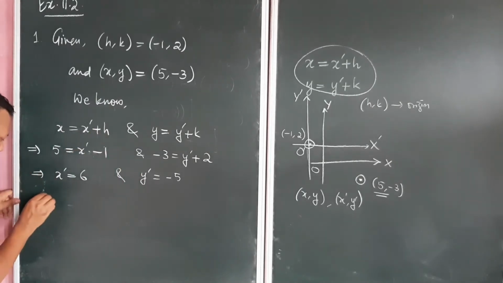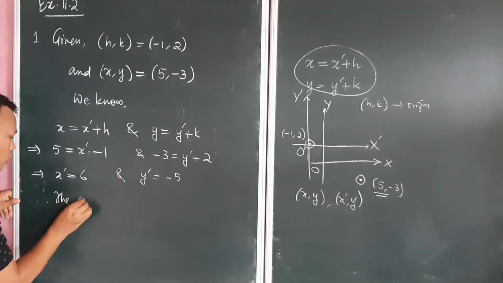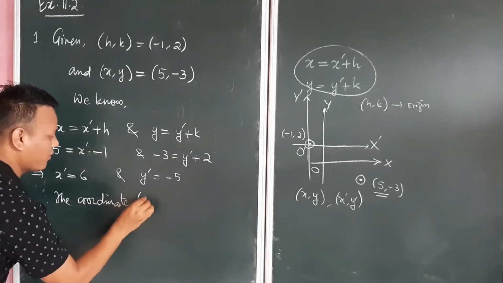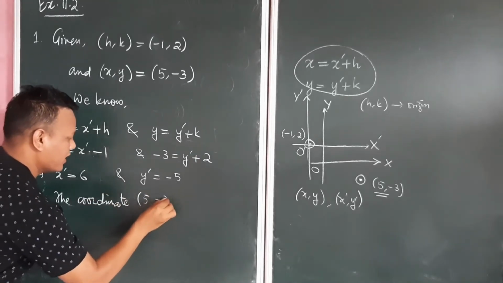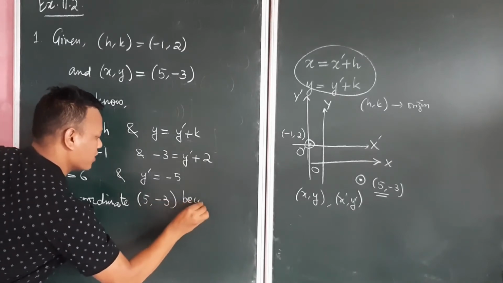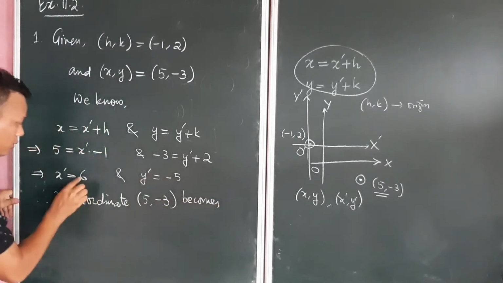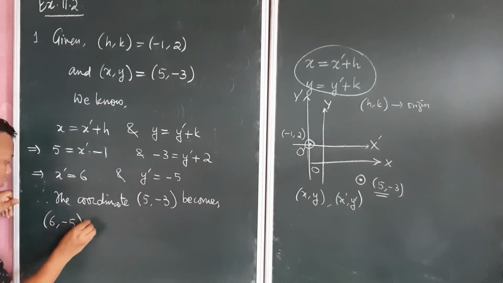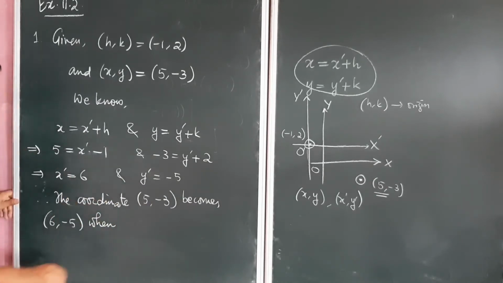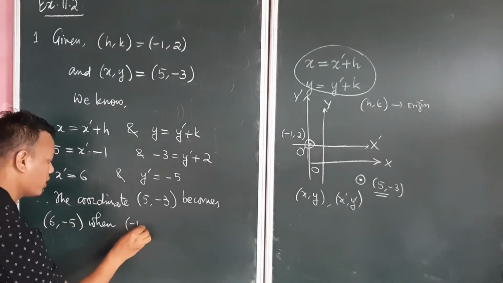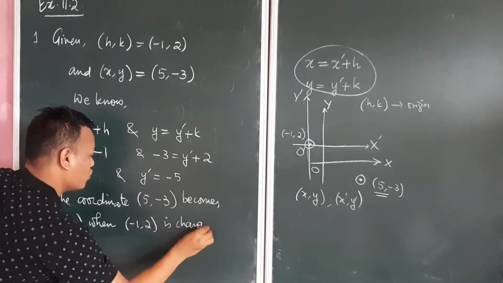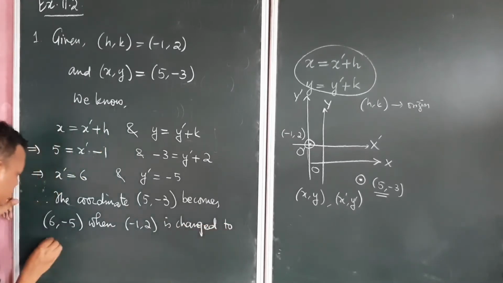Therefore the coordinate 5 comma minus 3 becomes x dash y dash, that is 6 comma minus 5, when minus 1 comma 2 is changed to origin.